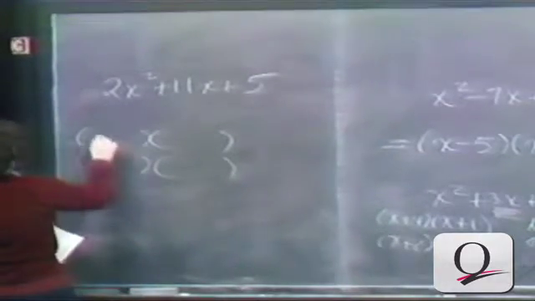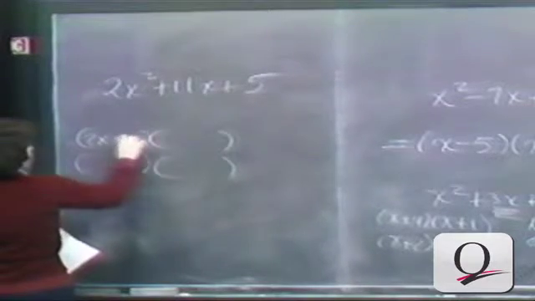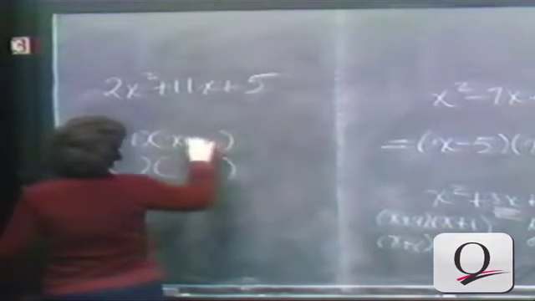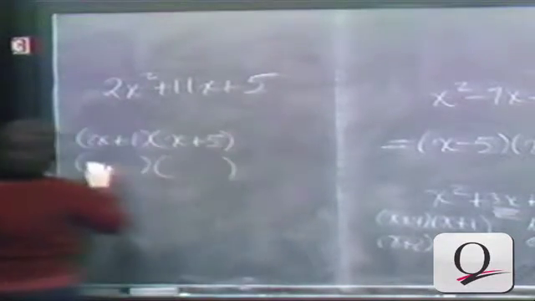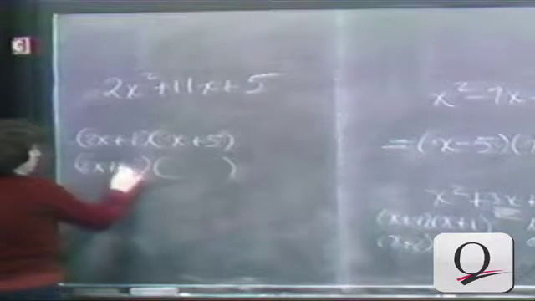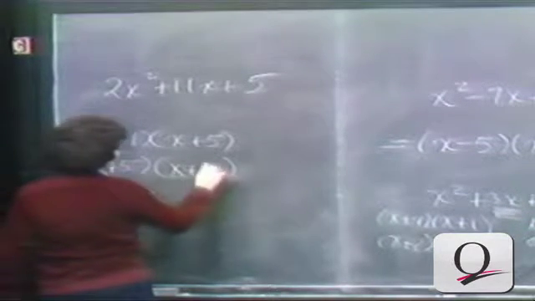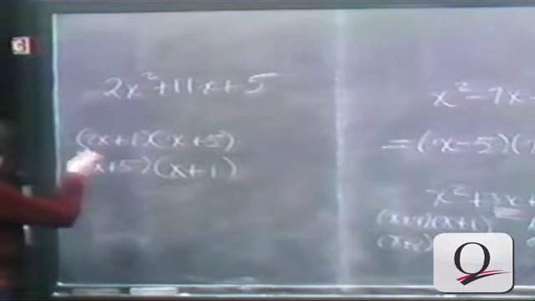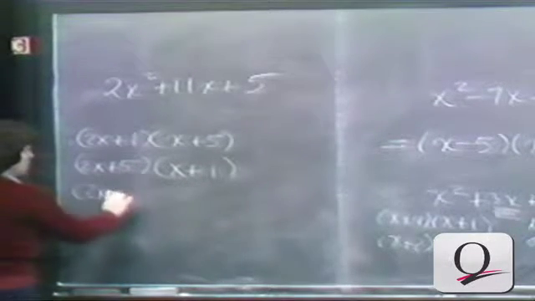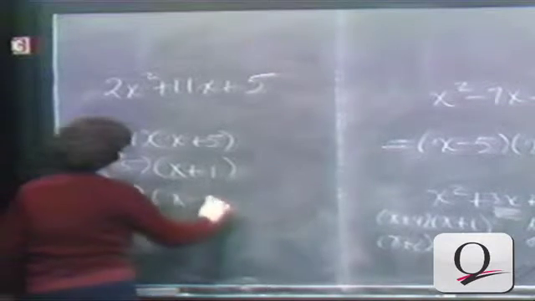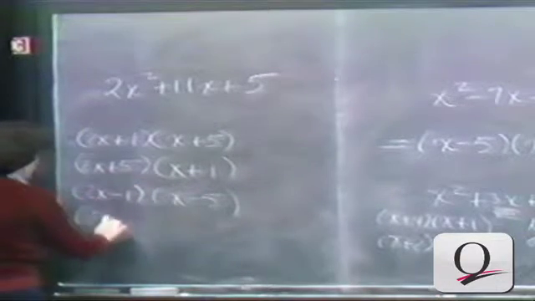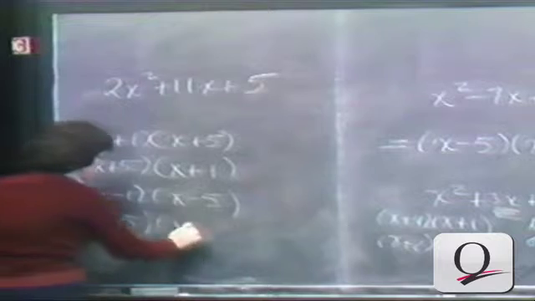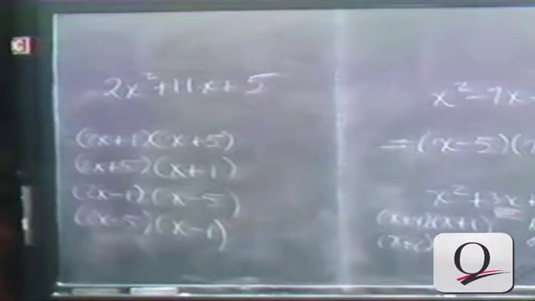You could have 2x plus 1 times x plus 5, 2x plus 5 times x plus 1. You could also have 2x minus 1 times x minus 5, 2x minus 5 times x minus 1.